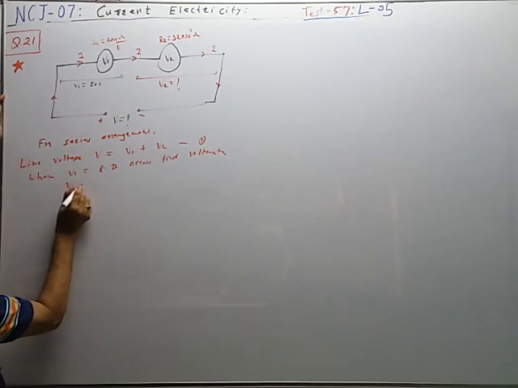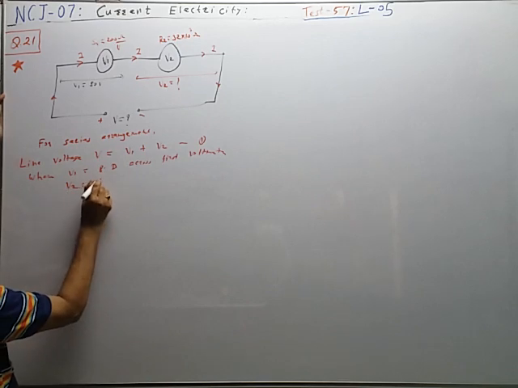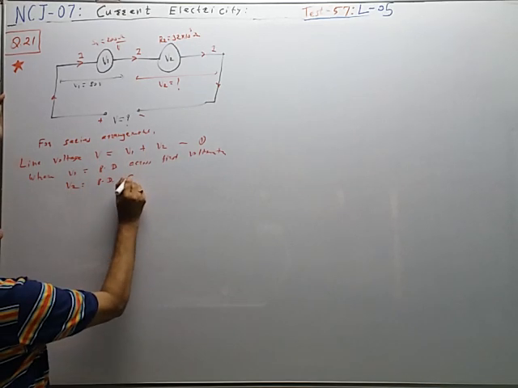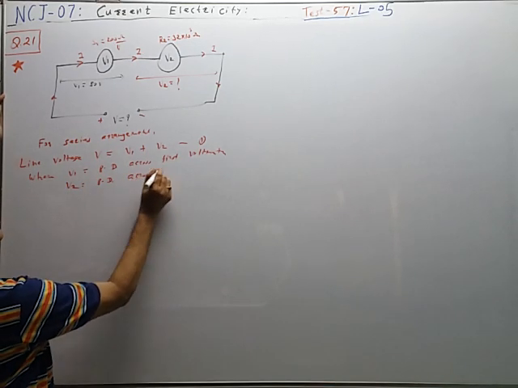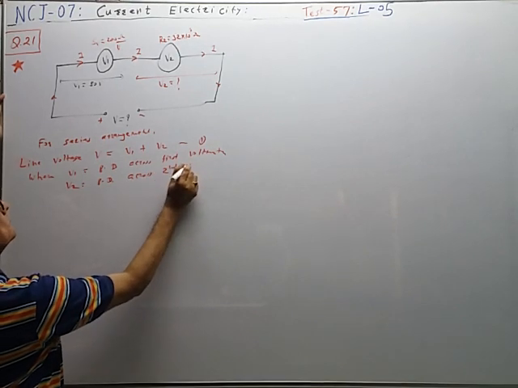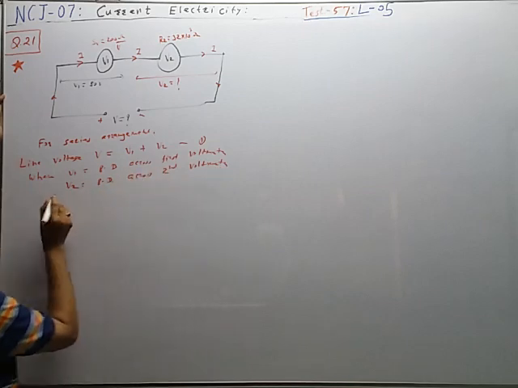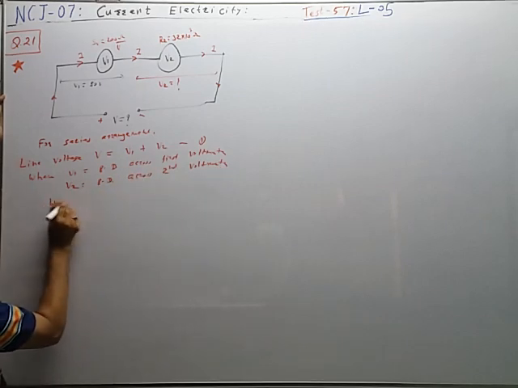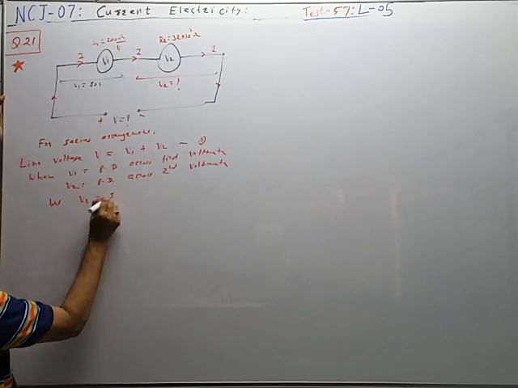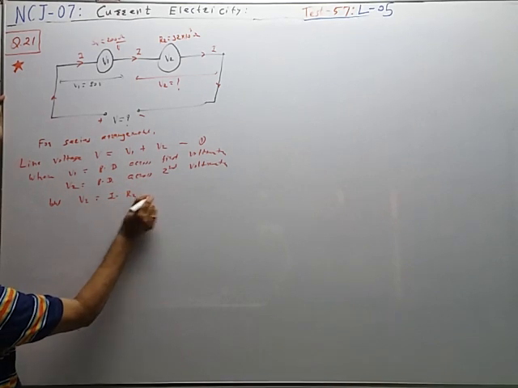V2 is equal to potential difference across second voltmeter. But V2 is equal to I multiplied by R2.